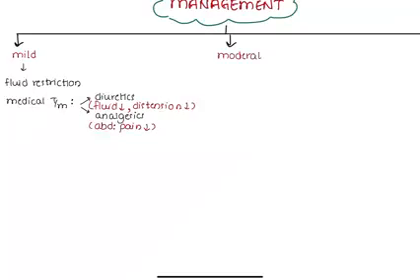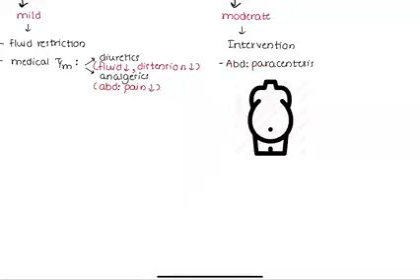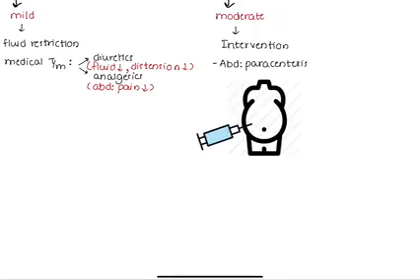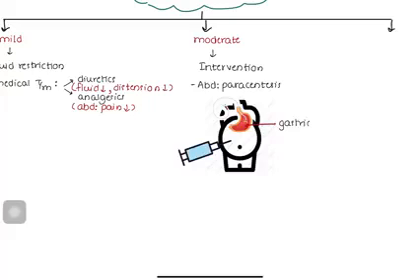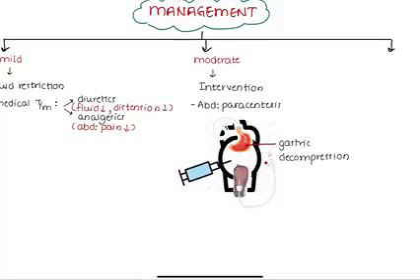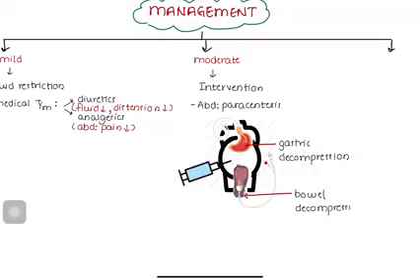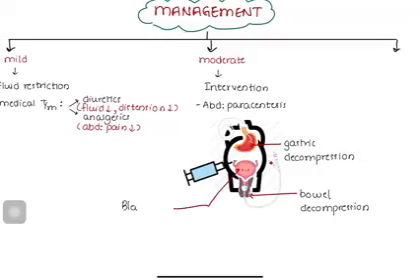In moderate cases, consider interventional therapies like abdominal paracentesis, which is a procedure to remove fluid from peritoneal cavity by puncturing with a needle. Gastric decompression using Rouse tube. Bowel decompression using rectal catheter. Bladder decompression using Foley's catheter.